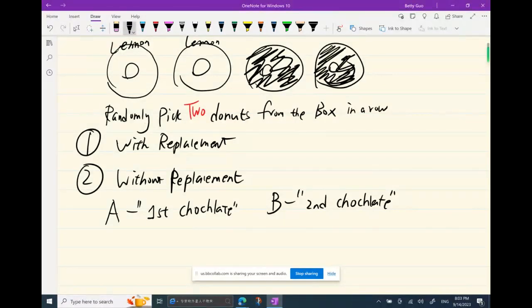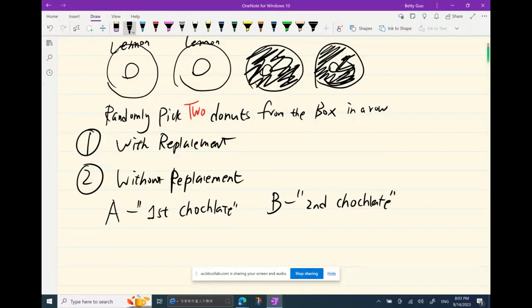The first case is we do replacement. It means the first time we get a donut, we look at what kind of donut it is and we put it back, and then we pick the second donut. Or you can understand that as the first time you pick a donut, whatever the flavor, you eat it and then you refill with the same flavor donut.